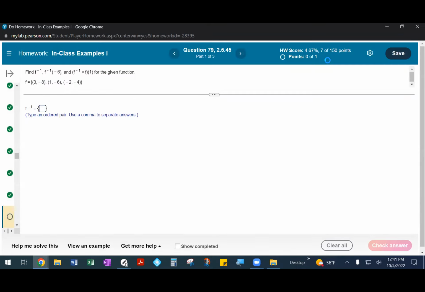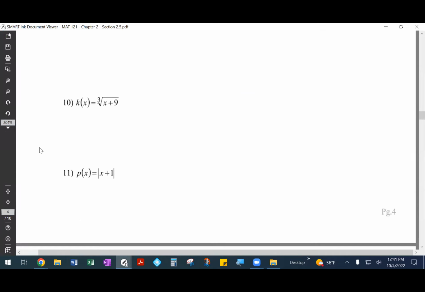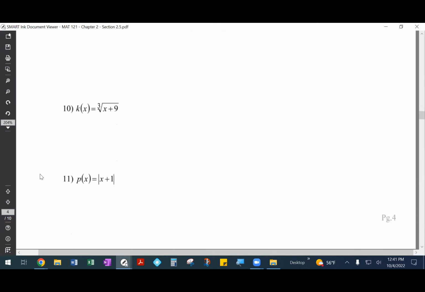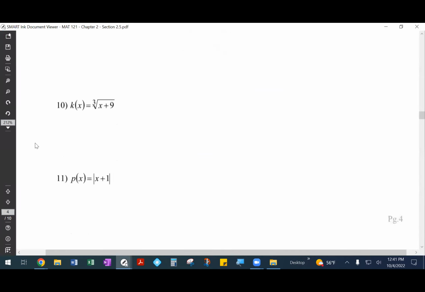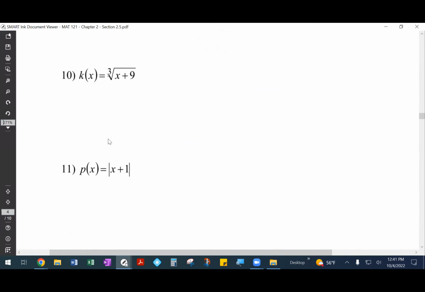So this guy was obviously similar to this example over here. Let's take a look at number 10, just to see how we can show if that is 1-to-1 or if it's not 1-to-1. So same thing. You start with k of x1 on one side, k of x2 on the other side.